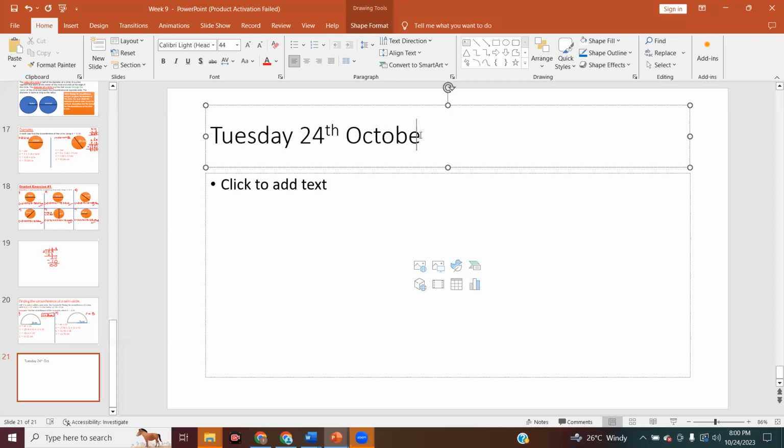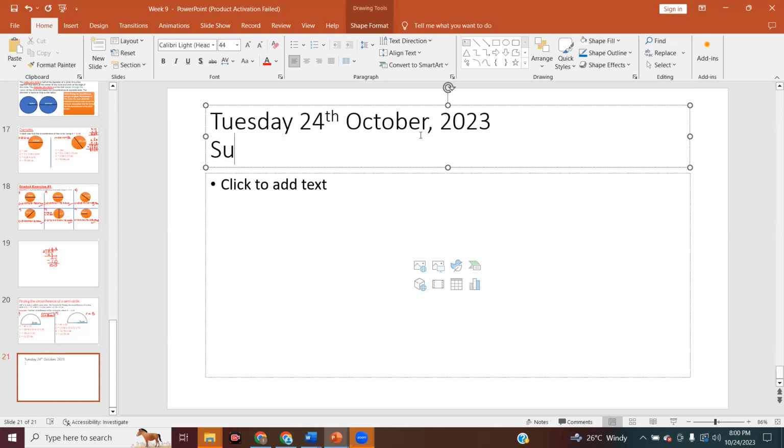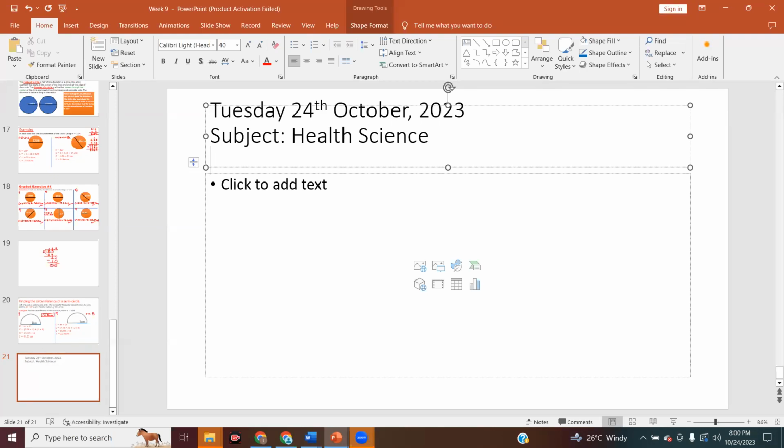Tuesday the 24th of October, 2023. The subject is, of course, health science. And the topic is pathogenic diseases, but we are looking at viruses. Not viruses, sorry. Fungi. In this case, we are looking at fungi.